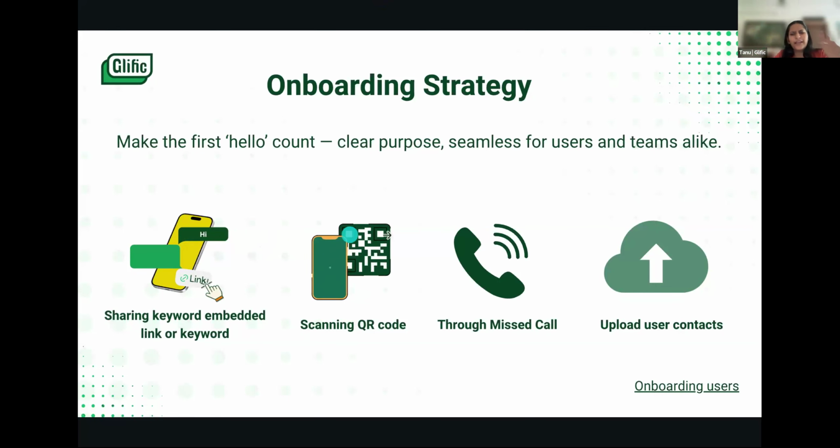Here, for example, one of the very common ways is that you share the keyword with your end users, or you use a link which has the keyword in it, right? This is a very commonly used method.